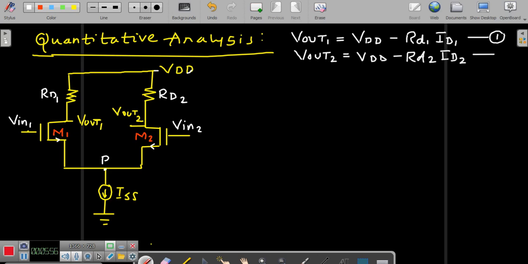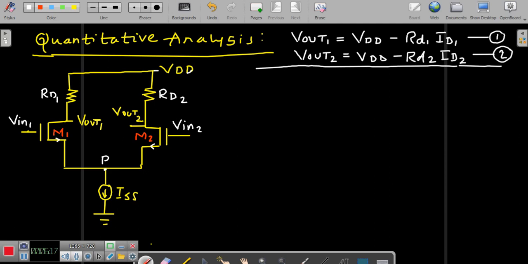This I call as equation number 2. Now, if you manipulate these two equations, change the sign, simple mathematics.